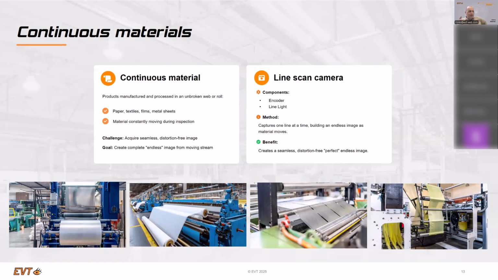If you use the area camera, you have to connect the area images together. You have to stitch them together to make a continuous image on which you can operate.